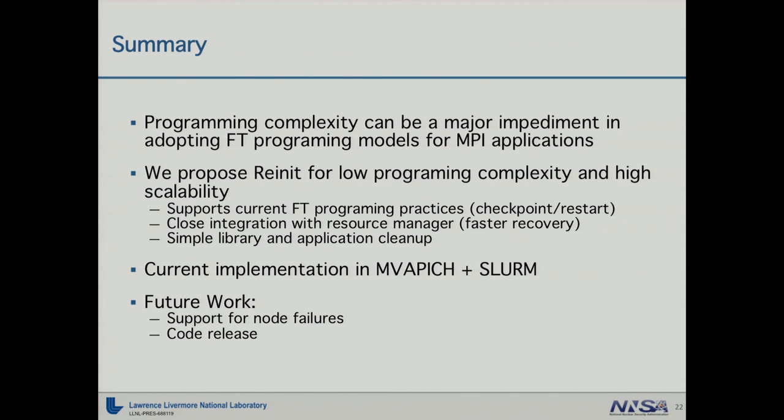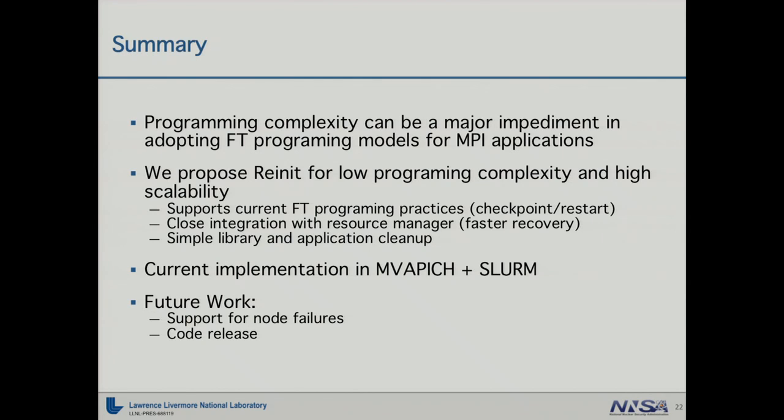So in summary, the programming complexity of fault-tolerant programming models can be an impediment for adopting these models in large applications. So we want to provide solutions that reduce the complexity and reduce the amount of time that programmers spend on using these models. We are proposing Reinit as a low programming complexity interface that supports current practices in fault tolerance, such as checkpoint restart.